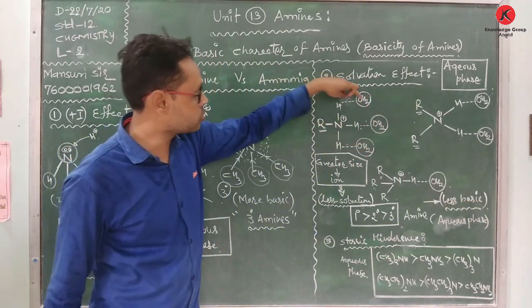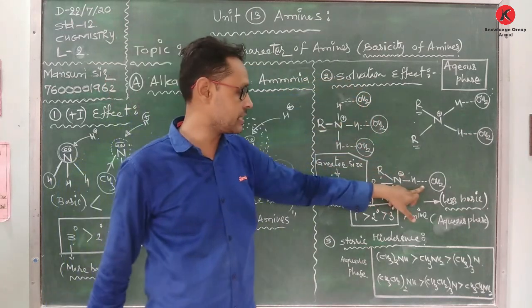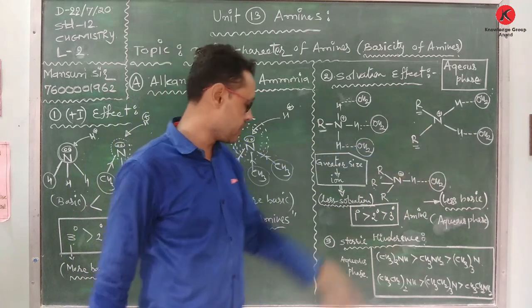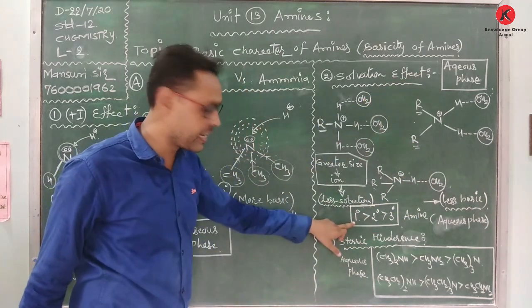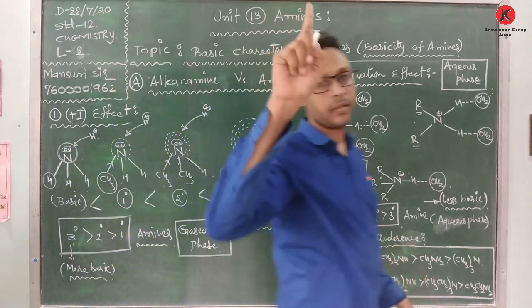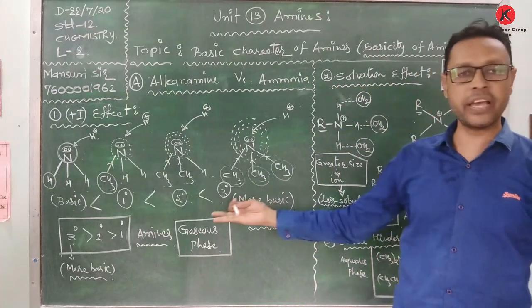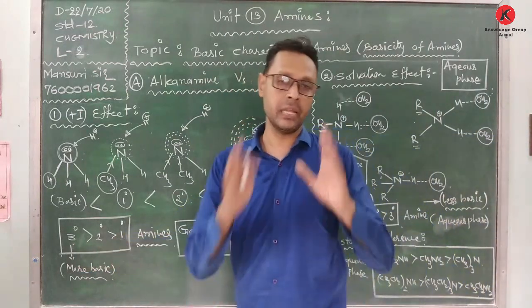Here solvation is more, that means more basic; solvation is less, that means less basic. So in the aqueous phase 1 degree amine is more basic and tertiary amine will be less basic. But in the gaseous phase 3 degree amine is more basic and 1 degree amine will be less basic.